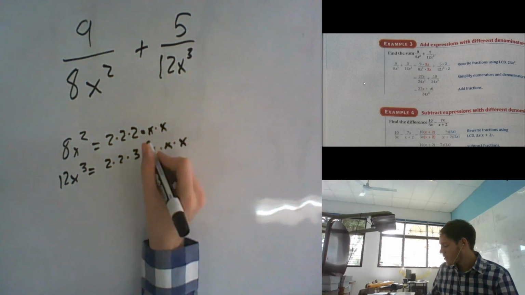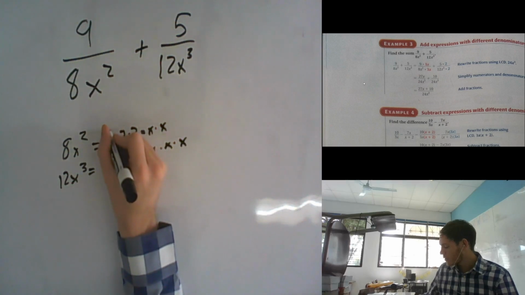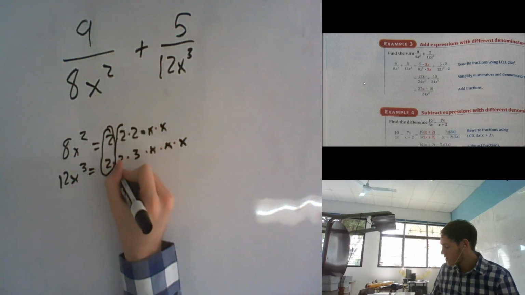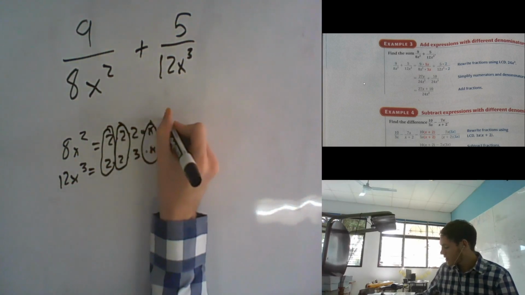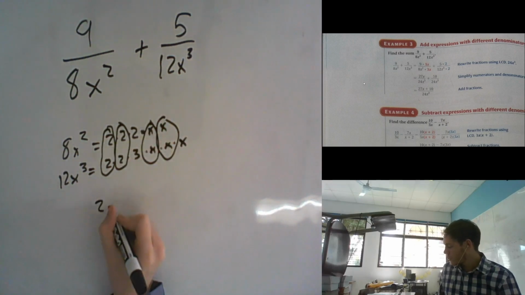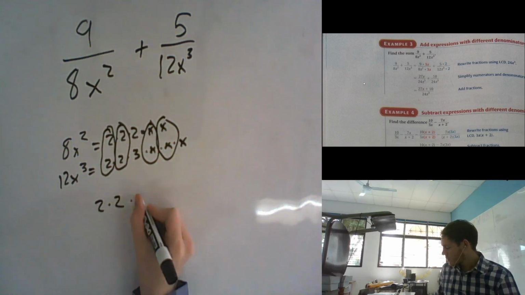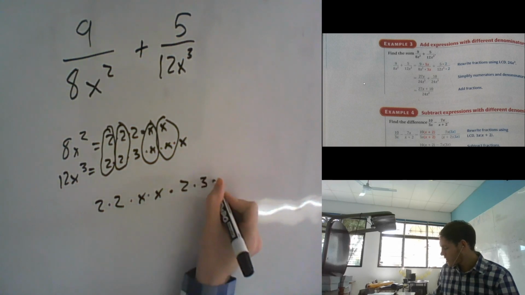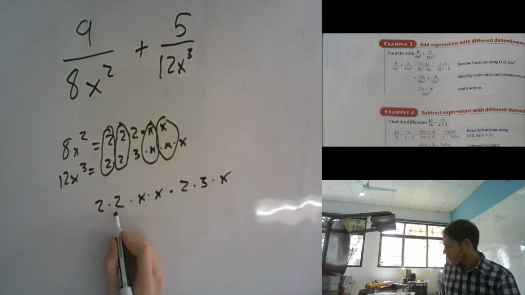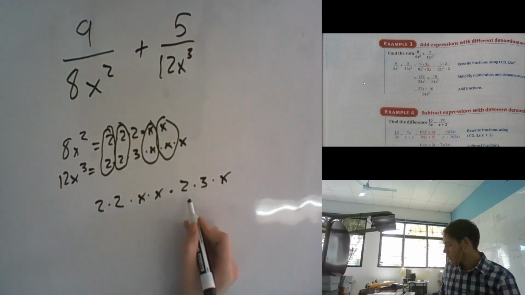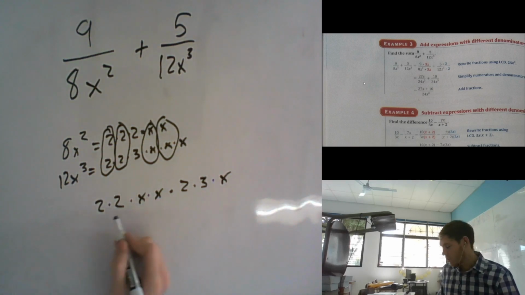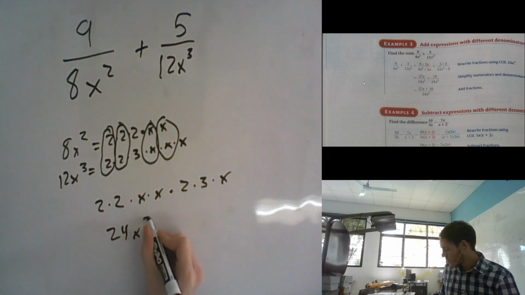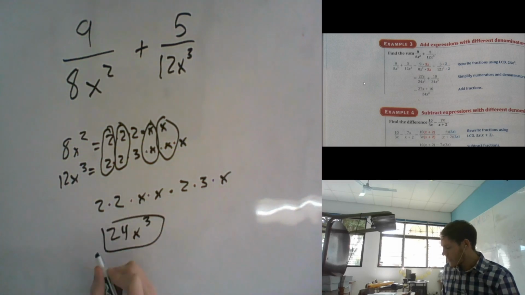Okay, so what do they share in common? Well, they share these two 2's and these two x's. So you get 2 times 2, x times x, and then we write everything else: 2 times 3 times x. So 2 times 2 is 4, times 2 times 3 is 6. 4 times 6 is 24x cubed. So that's the least common denominator.